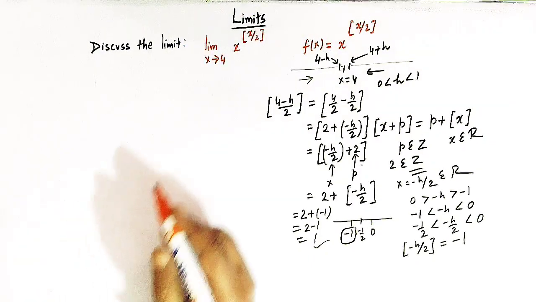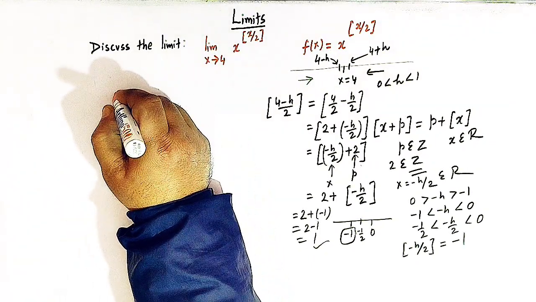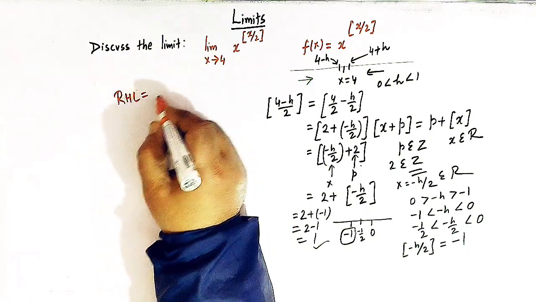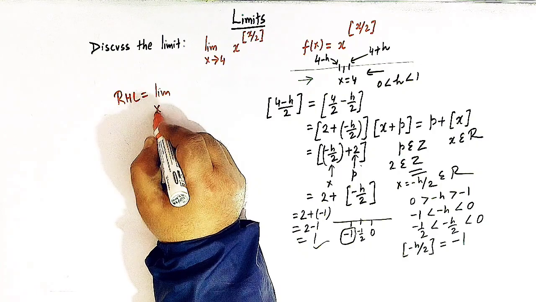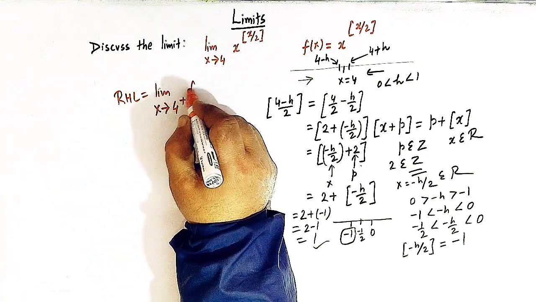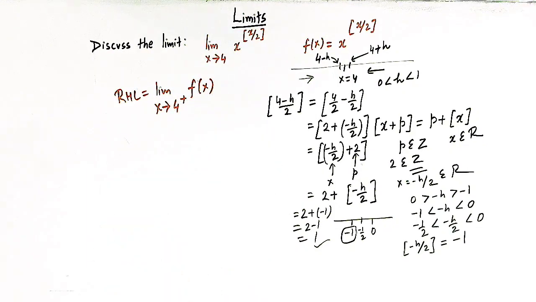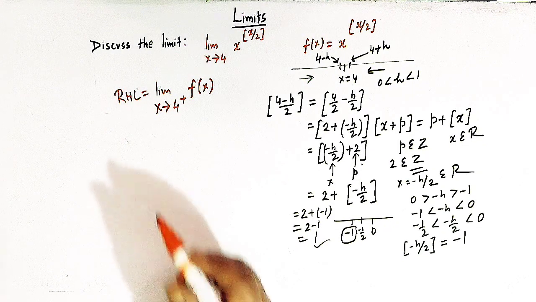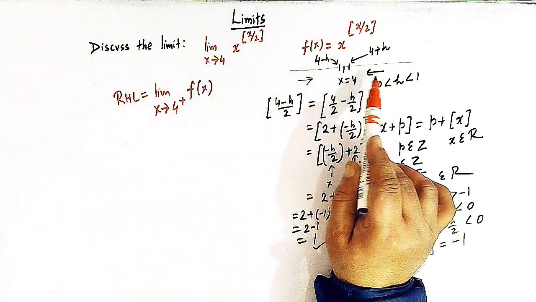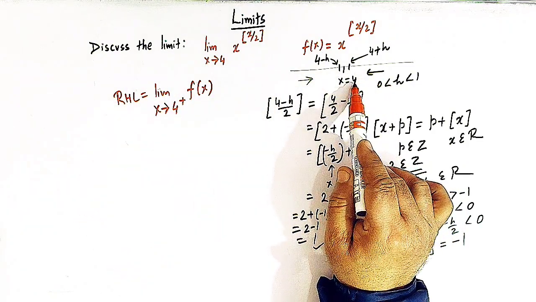Now let us find out the right hand limit. So the notation for right hand limit is the limit, and here we have x tends to 4. Here we write a positive sign, and here we have f of x. So now when we find out the right hand limit, we are approaching from the right of x is equal to 4.